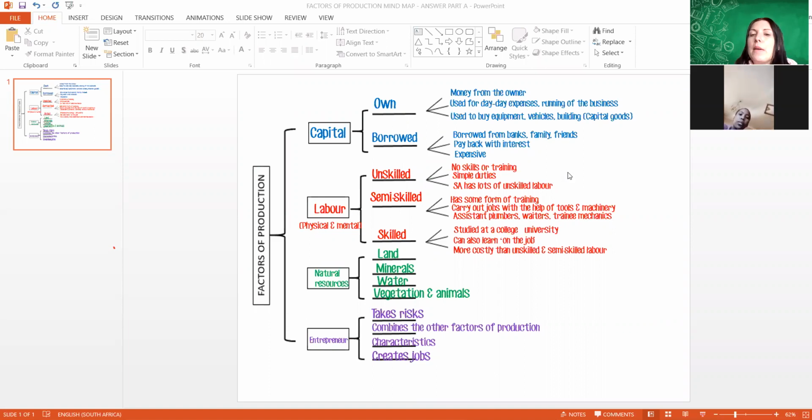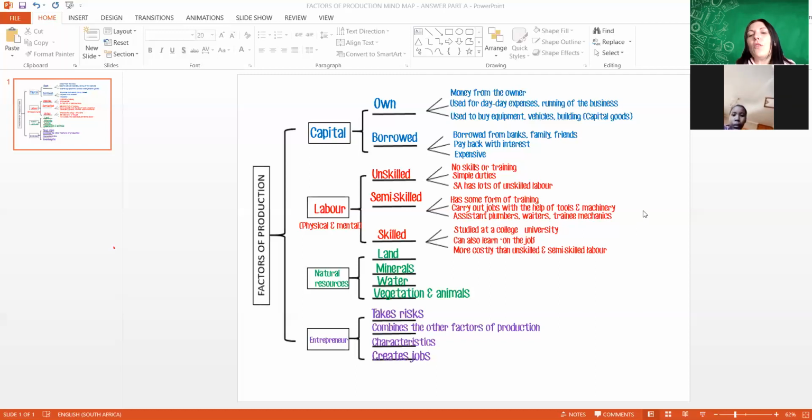Then if we look at semi-skilled labor, these are people who have some form of training. So somebody taught them how to do this or showed them how to do this, or they went through a little bit of training, and usually they can use some tools and machinery in the completion of their jobs, and they can do the job. In most cases, they do this with supervision, so they're not usually left on their own. The same would apply for unskilled labour.